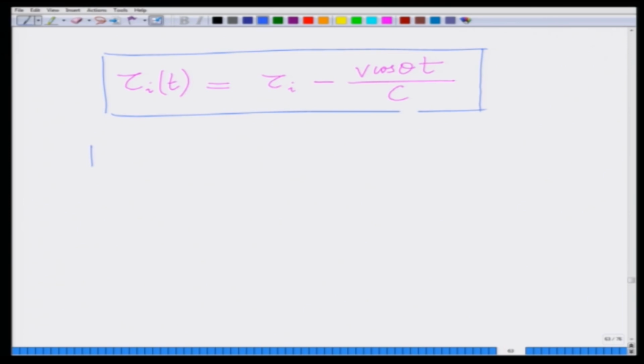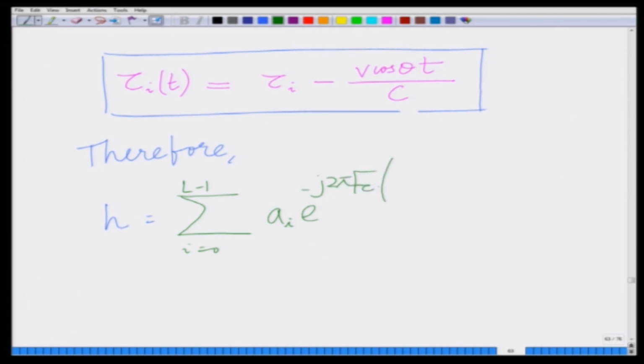Now, if I substitute this in my expression for h, I have h equals summation i equal to 0 to L minus 1 a_i e to the power of minus j 2 pi f_c times the changing delay, which is tau_i minus v cosine theta t divided by c.